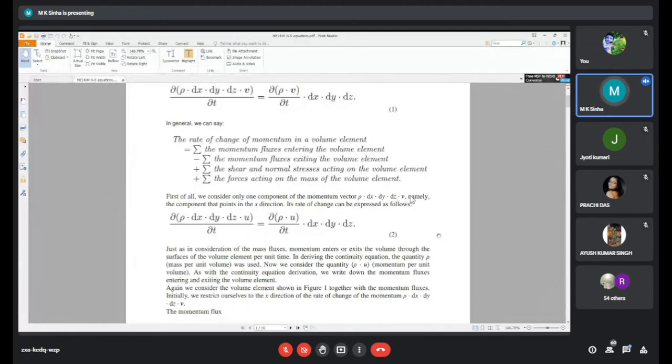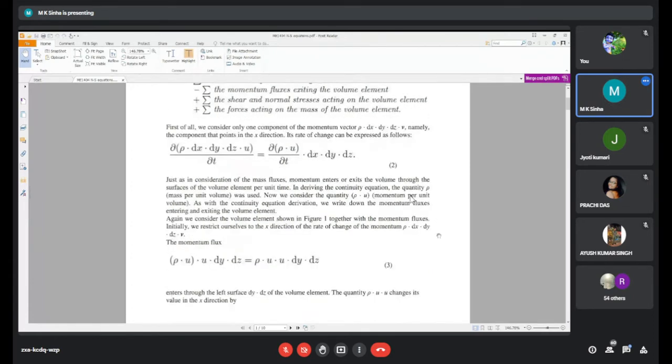So the rate of change of momentum along the x-axis equals del by del t of rho into u into the volume dx dy dz. Then the momentum flux entering or exiting the volume through its surfaces per unit time.